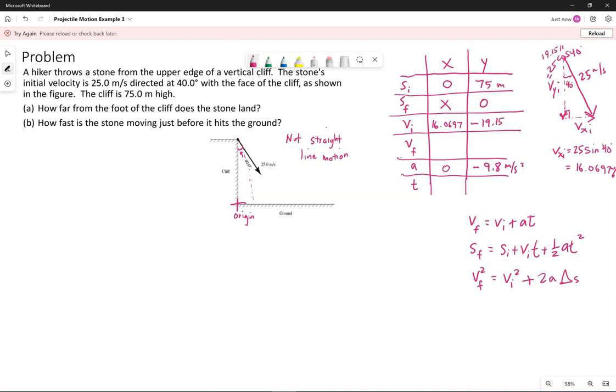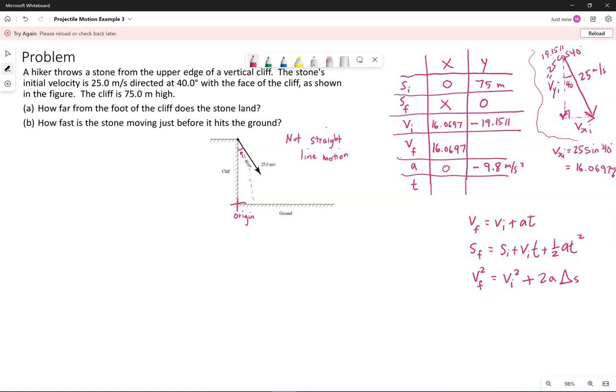The negative sign is important because it's representing that this stone is headed downwards initially, and that will come into play in finding the time. V final x is the same as it is originally because we're assuming no air resistance. So this is very similar to the previous example in terms of what we know, what we're looking for. It's different in terms of finding these components and making sure we're accounting for this stone headed downwards initially.